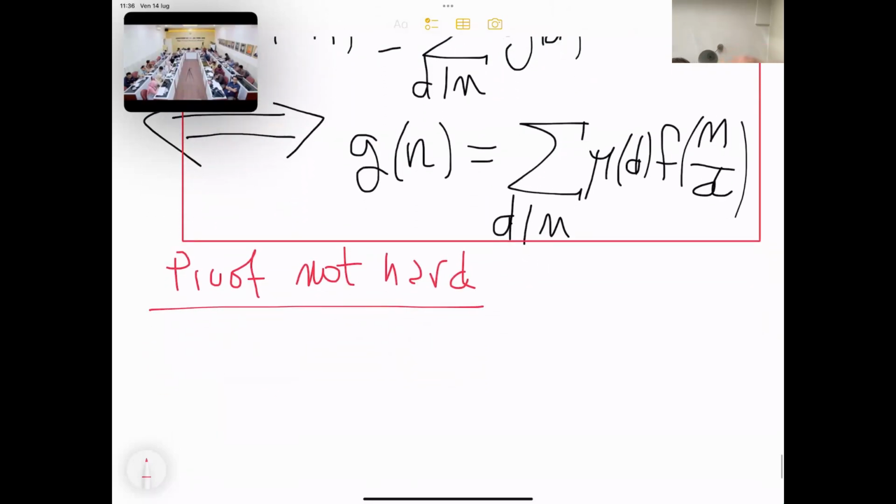Let's conclude by talking about the Euler function that you met already.